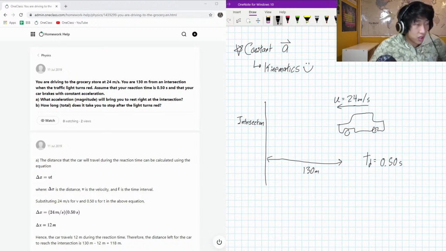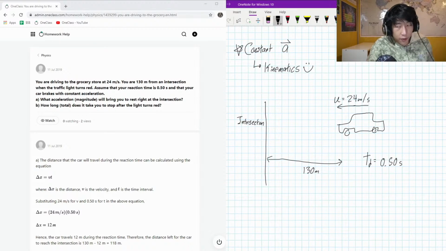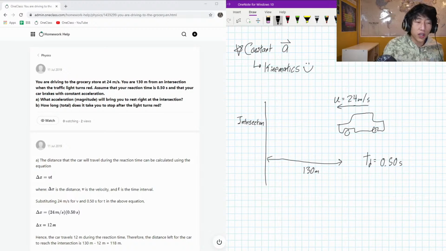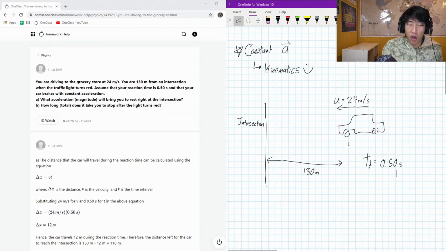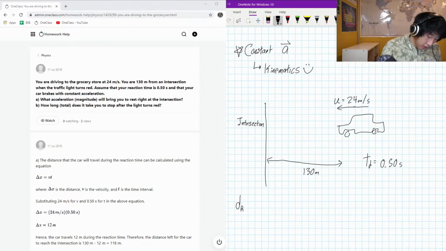Okay, cool. So the first thing that we need to consider is that we are not going to be 130 meters away from the intersection when we start decelerating. We actually need to find out how far we'll be when we actually start to decelerate. So right here, let's call this dr, reaction distance.